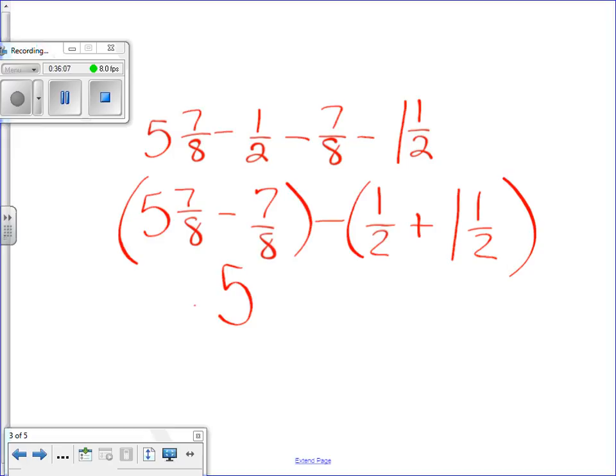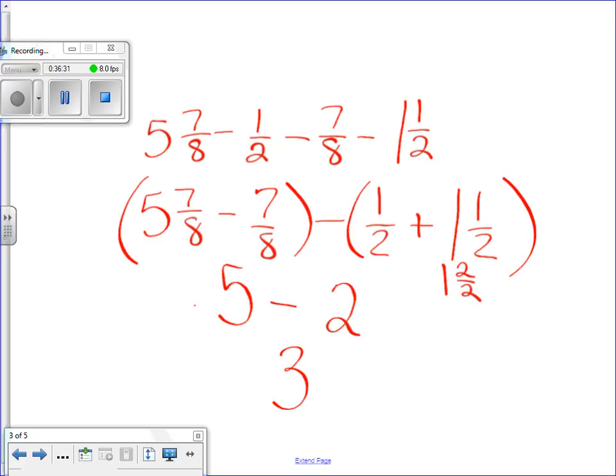There's a minus there. Subtract. What's 1/2 plus 1 1/2? 2/2. Because it's 1 and 2 halves, which is 2.